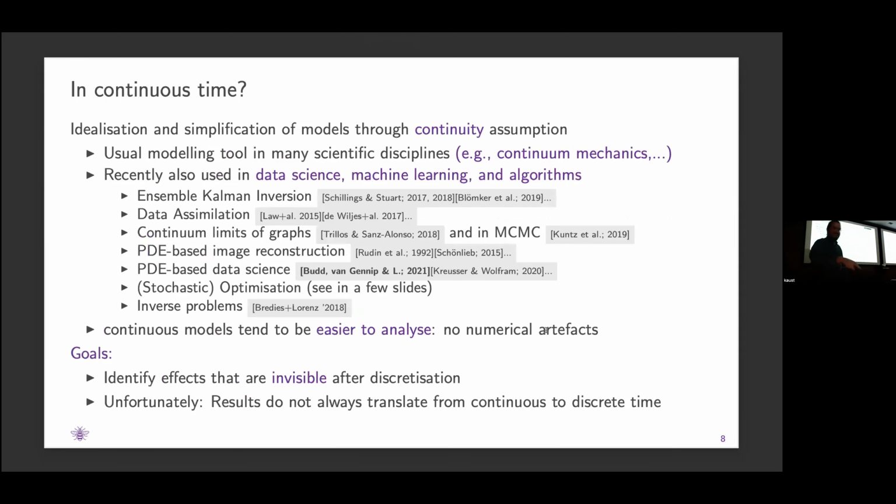Okay, and this is a slide I thought was the last slide. So why do we do things in continuous time? And the answer is, when we do things in discrete time, we may see effects that we don't really care about or that we think that we understand already.